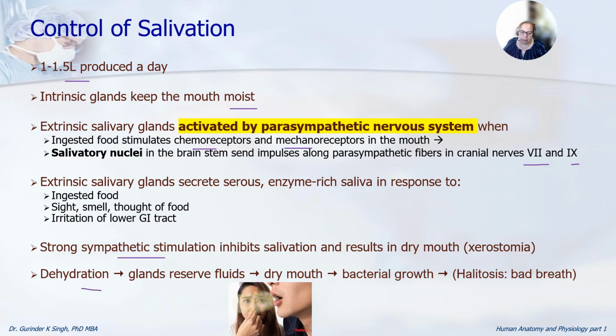Sometimes dehydration, when you do not drink enough water, can lead the glands to reserve the fluids, which can result in dry mouth. This can help bacteria grow in your mouth and can give bad breath, what is known as halitosis.